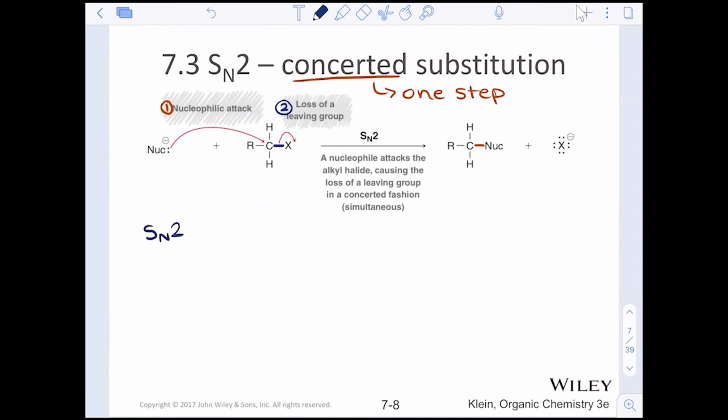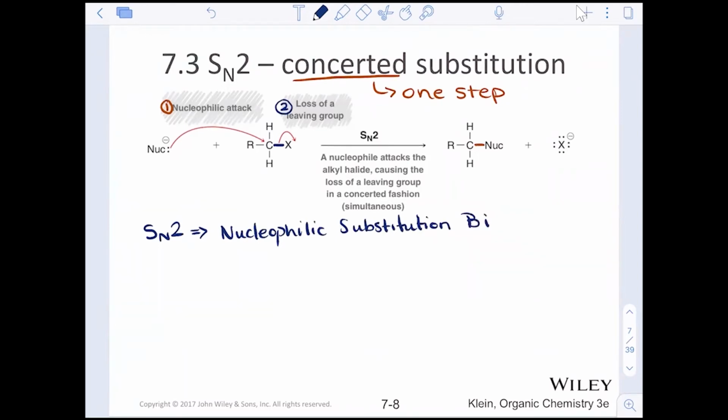SN2, notice that capital N is slightly subscript for us. Nucleophilic, involving a nucleophile. Substitution. And the 2 stands for bimolecular. And what we want to see with these bimolecular reactions is it is dependent on 2 molecules coming together.